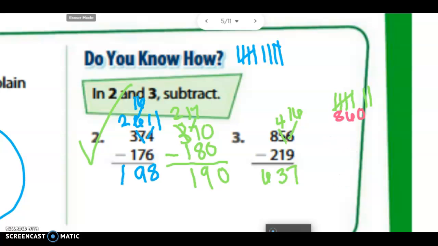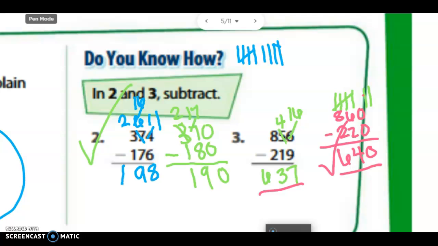I can line up my place values and subtract. 0 minus 0 is 0. 6 minus 2 is 4. And 8 minus 2 is 6. 640. Is that close to 637? Yes, so that is a reasonable answer. Go ahead, pause the video if you need to write those down.